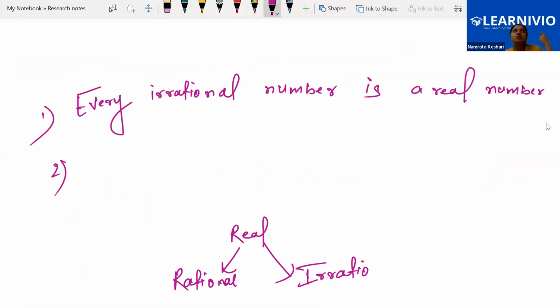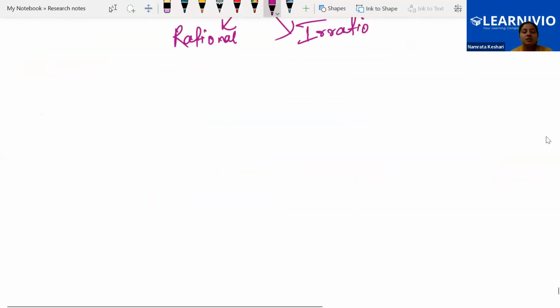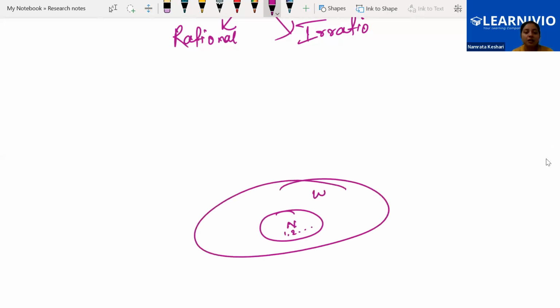Please don't get confused with the name. This is how the diagram is. Previous day also we were discussing the diagram: first natural numbers, which are 1, 2, 3, 4, all the counting numbers. Now whole numbers, which are all the counting numbers, but 0 is also there. So 0, 1, 2, 3, 4, these are whole numbers.